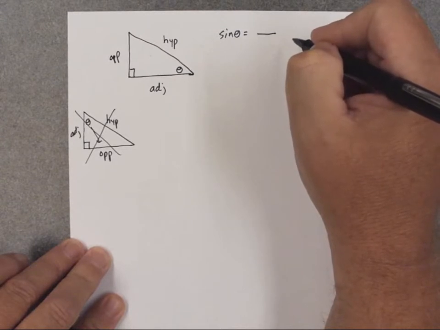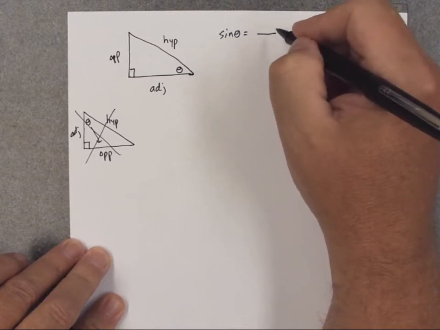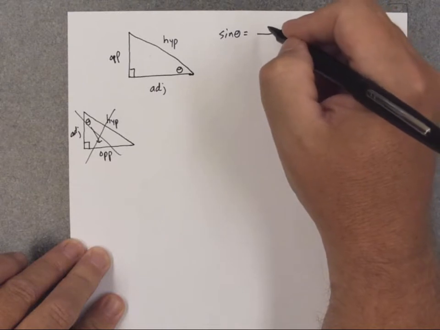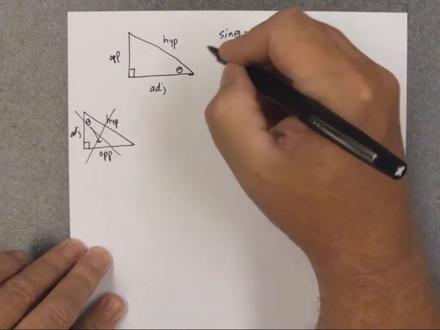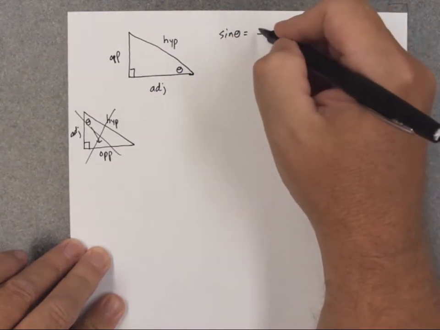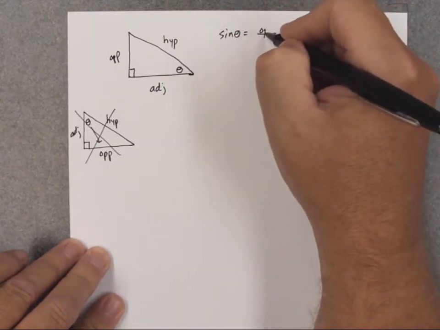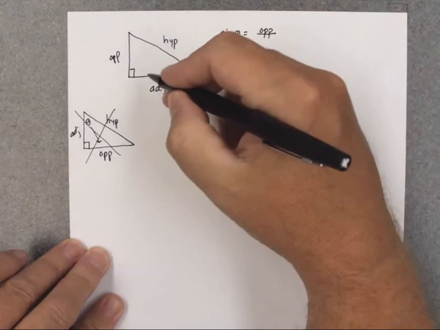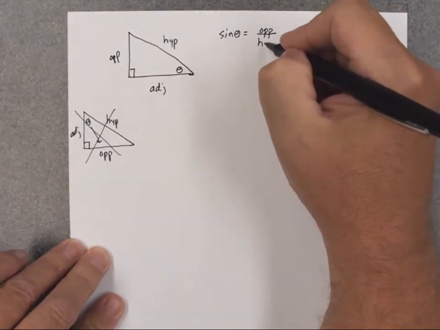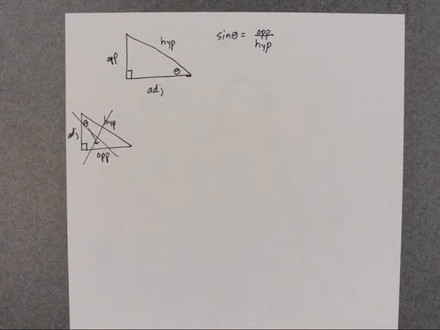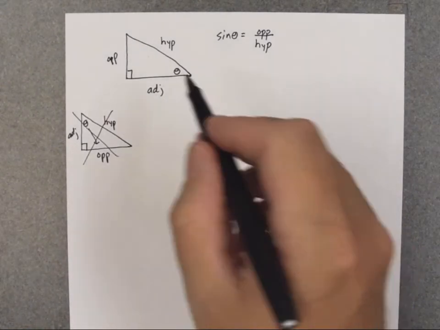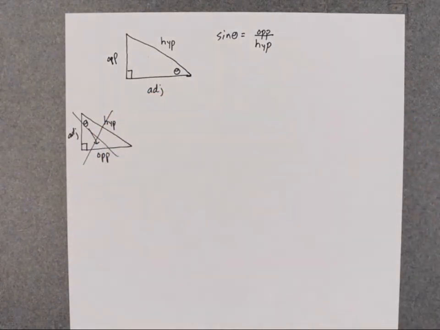All three trig functions are going to be fractions made up of two sides of the triangle. For the sine of theta, it's always the opposite side over the hypotenuse. That's just how sine is defined. The sine of the angle theta is always the opposite side over the hypotenuse.